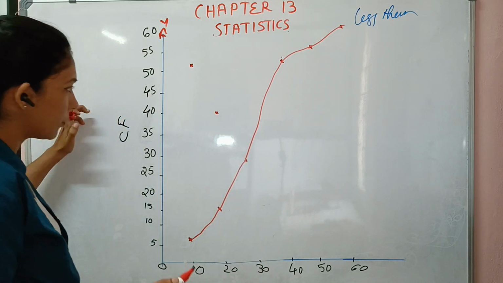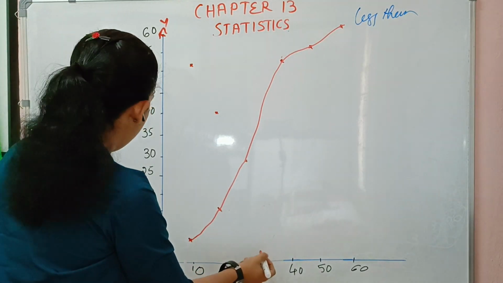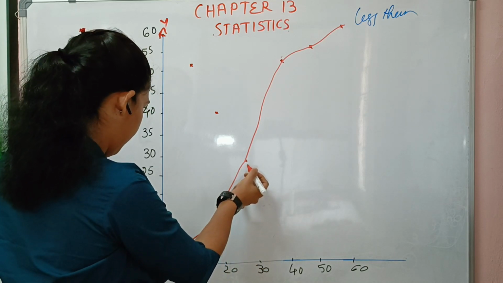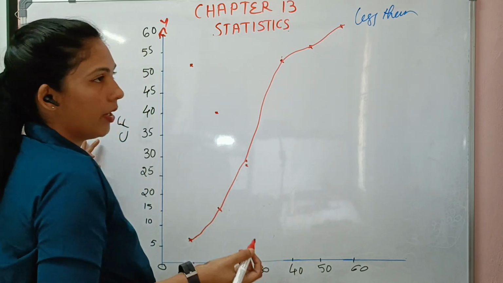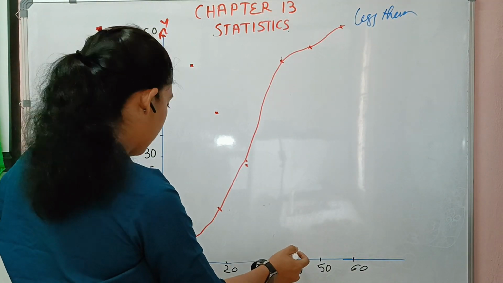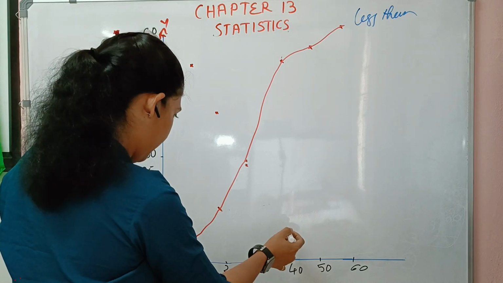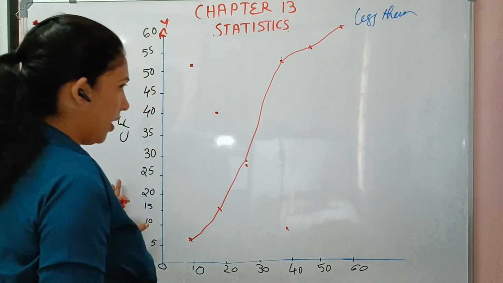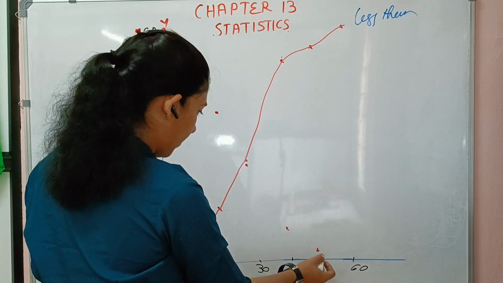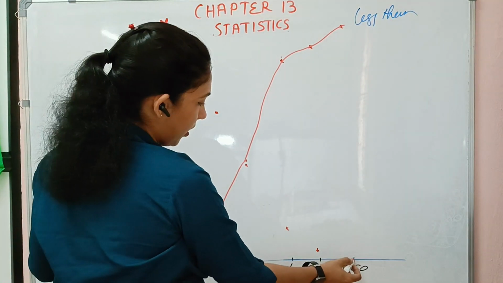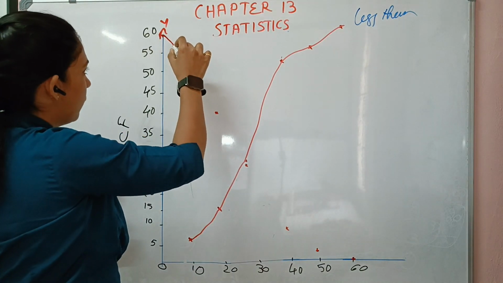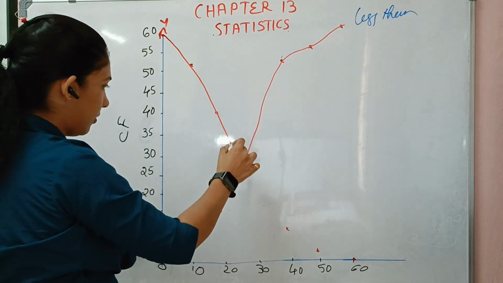Next one is 30, 29. Next one is 40 and 9. Next one is 50 and 3, approximately here. And 60, 0. So joining all the points, we get a curve like this.